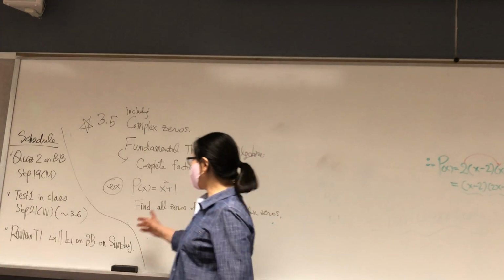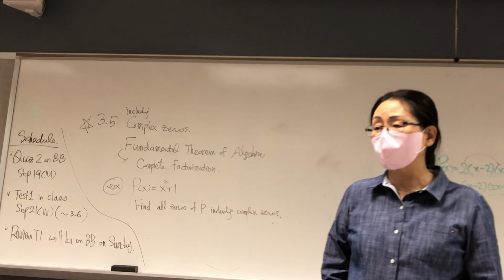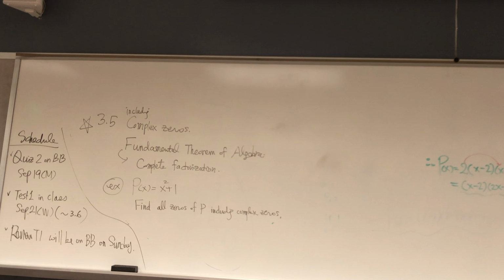How do you find the zeros when you have a polynomial? Read page 259. What do they mean by finding zeros? Whatever x value gives you y equal to 0. So what do they mean? Solve what?